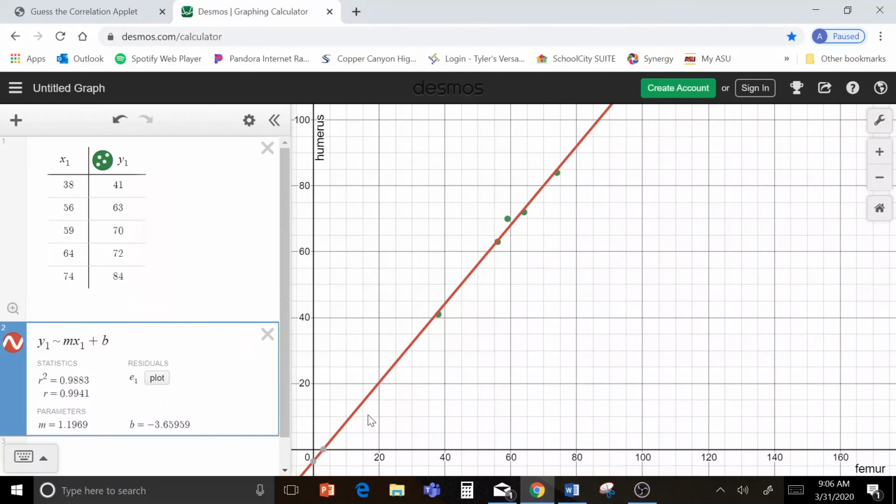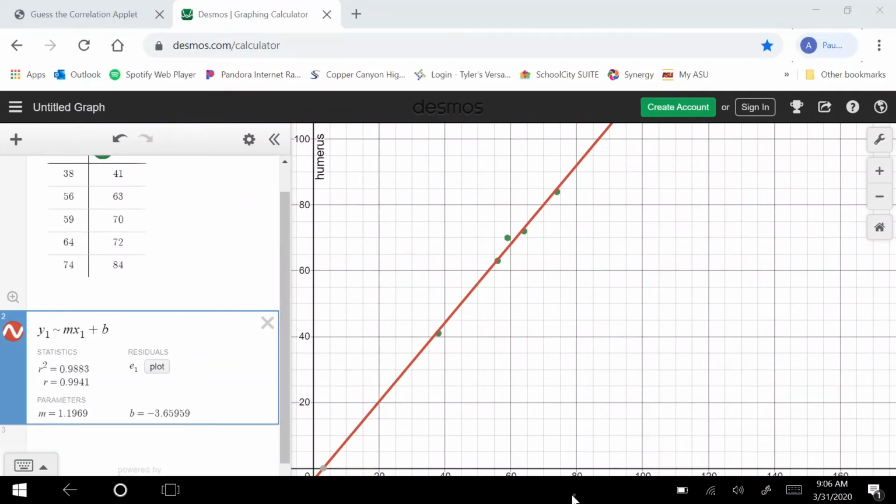Now, what that puts into your scatter plot is what's called a line of best fit. I will put this in your notes.